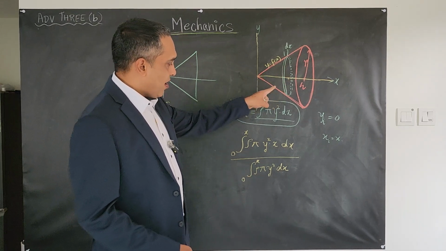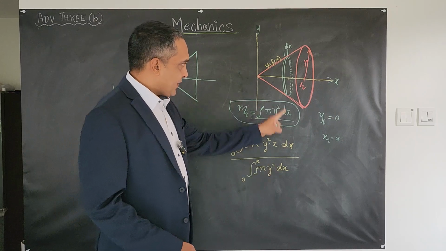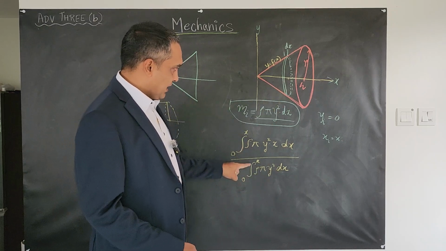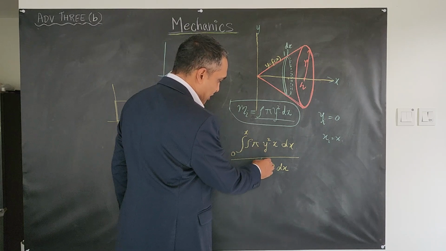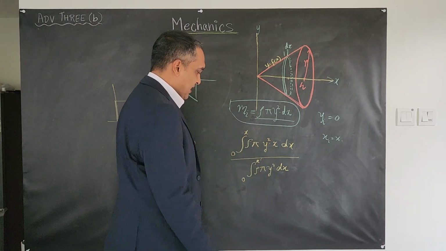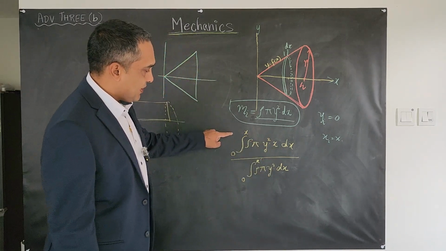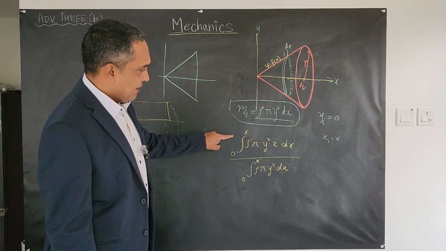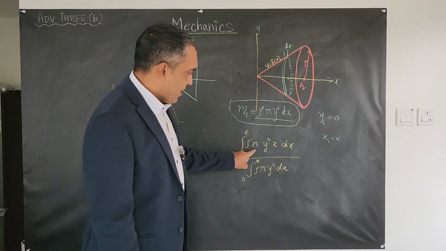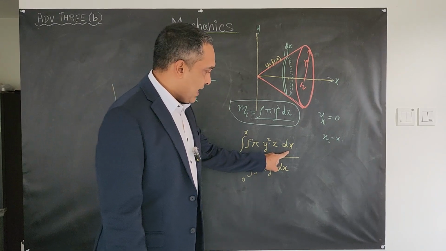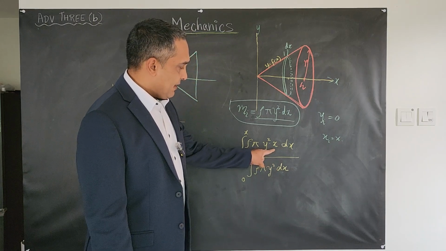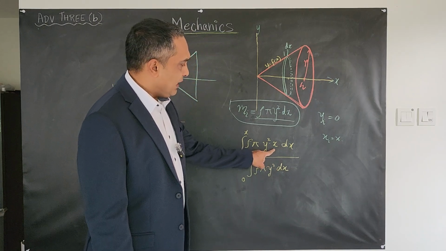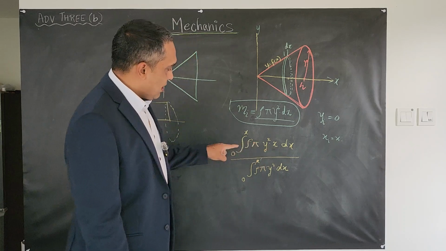Rho pi y squared dx, total mass, that's the integration from 0 to x, or in this case 0 to h. If you want to call it h, it's up to you, but I'm just using 0 to x, right? And then set yourself up for the small one, which is rho pi y squared dx times the center of mass of the unit disk, from 0 to x.